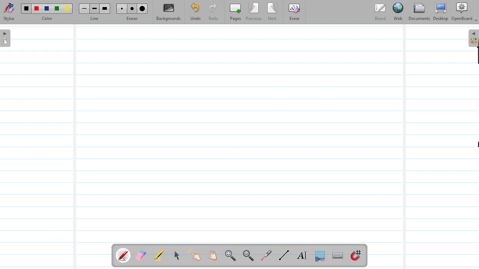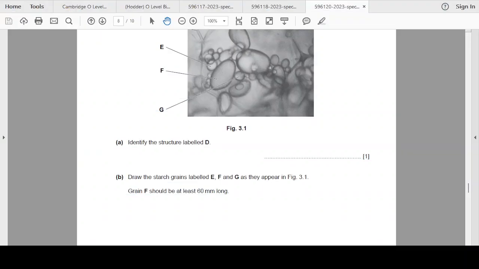All right. Right, so what the question is saying over here, let me put that on screen again. So what the question is saying over here is draw the starch grains. So these are starch grains labeled E, F, and G. So there are three of those as they appear in figure 3.1.